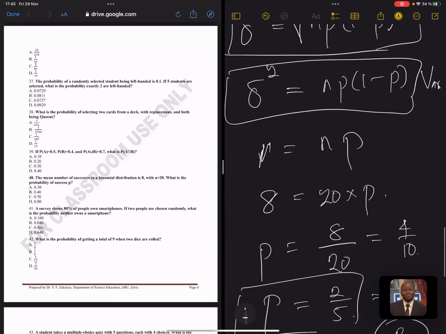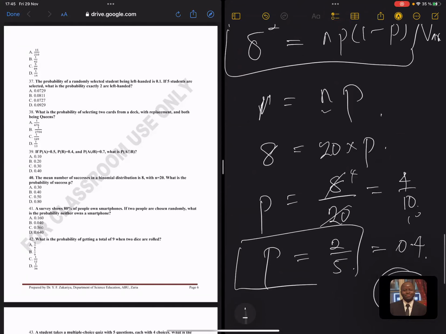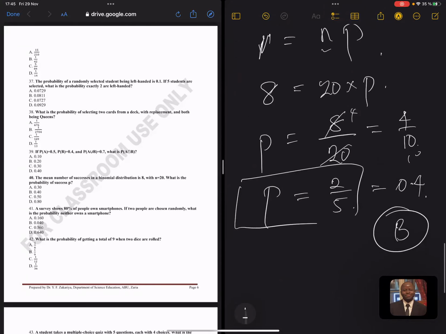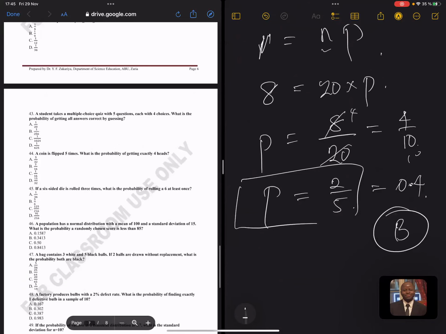And then the variance, you can go on. In this case, we are given the mean, we are given n, and we are looking for p. We divide 8 over 20, reduce by 2 to get 4 over 10, reduce again to get 2 over 5, and then convert to decimal to get 0.4. So we can go to the next problem.